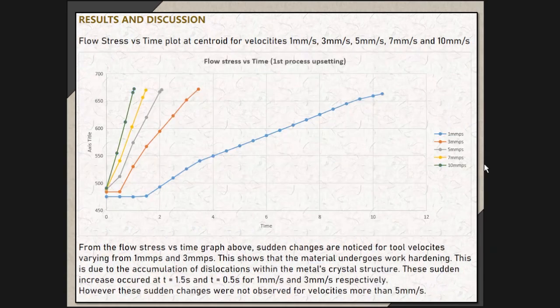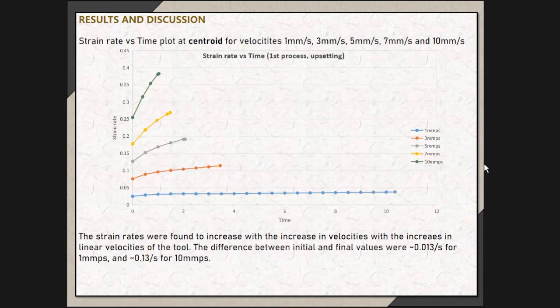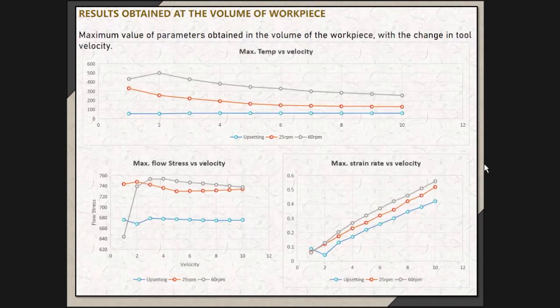Then we did the same thing for the stress and the strain rate, and this is what we have obtained for the volume of the workpiece: at an operation, how much maximum temperature, stress and strain rate are coming.